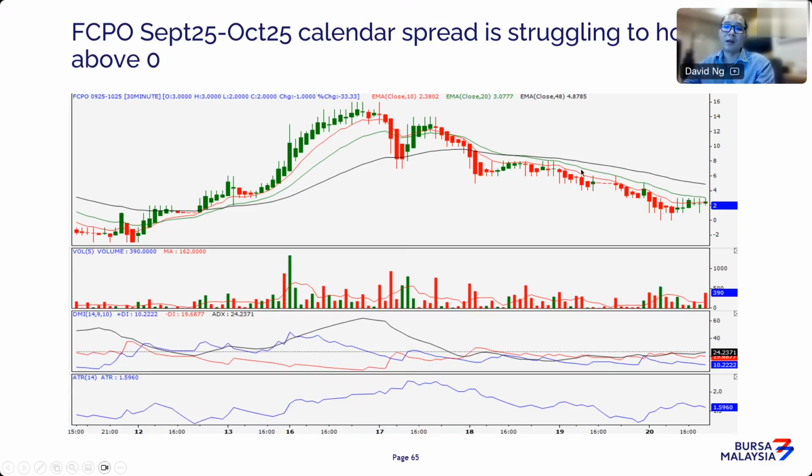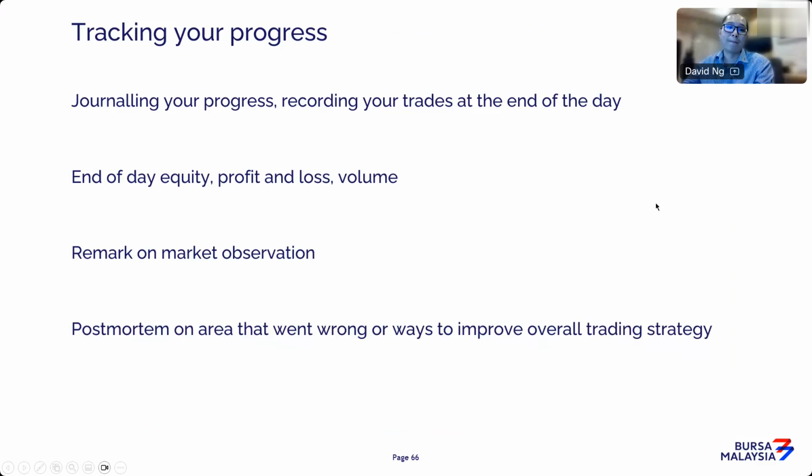That means the September contract seems to be more negatively priced, or lower priced, compared to October, for the simple reasons I mentioned earlier: fundamentals are just not strong enough for a bullish market to persist. Now, obviously, you have all this trade tension and Middle East conflict that may in a way support the spread to be more positive. But as of now, if you just look at where the technical indicators or charting is, it's telling you that this spread is likely going to hold below the 0 mark.